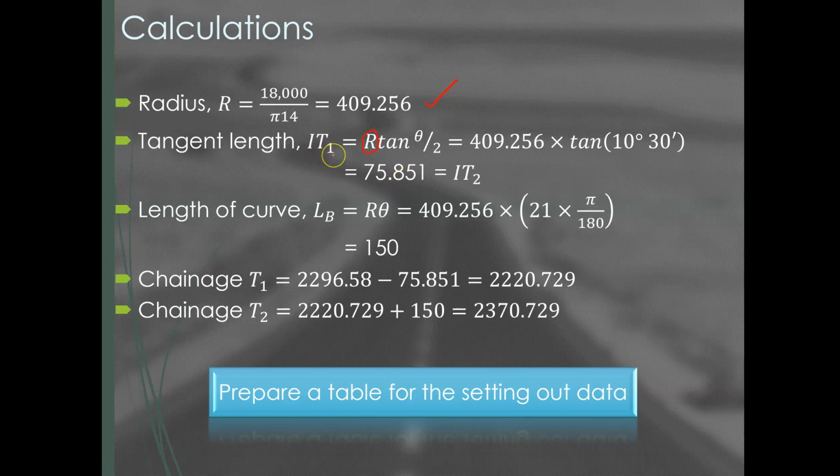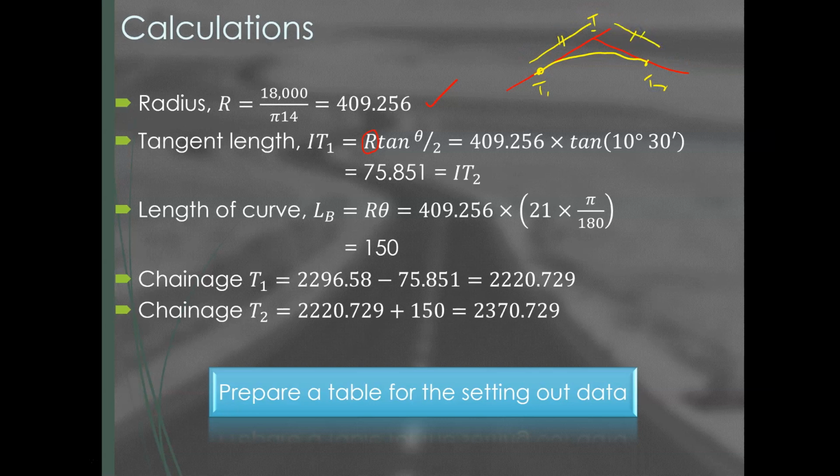So IT1 is equal to IT2. So if that is the straights, and let me just change color now, let's put a yellow in there. And if that's a curve, T1 is here, T2 is there, then that's I, so that distance there is equal to that distance, the tangent length.